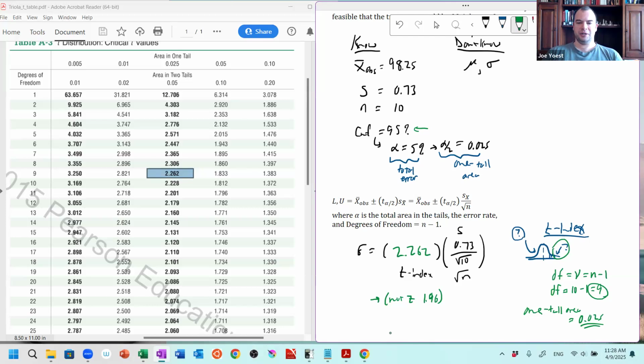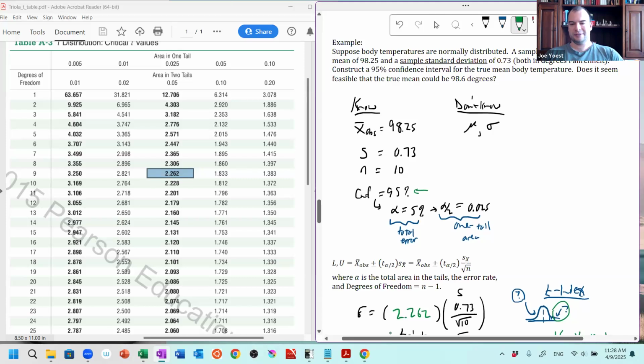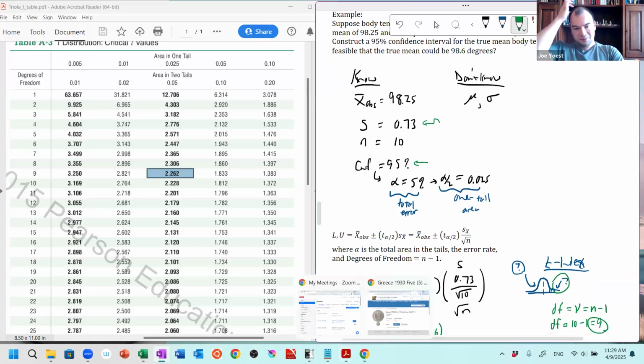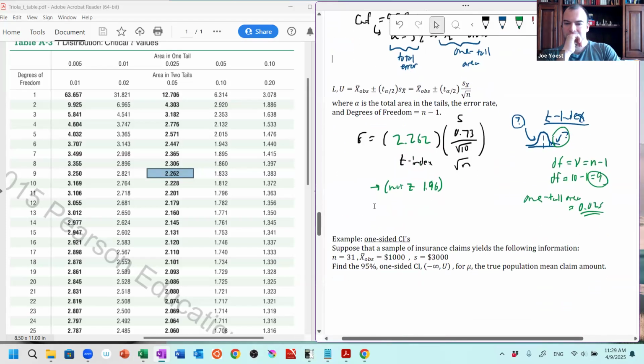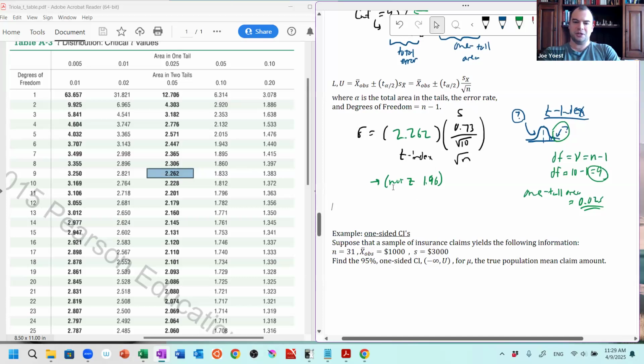My margin of error increased by roughly 10 to 15%, something like that. It's a little bigger because I'm also estimating sigma by s. This is taking into account the additional uncertainty from that additional estimate. So it's not the z-score of 1.96, a little bit bigger, but of course it's in the same ballpark.